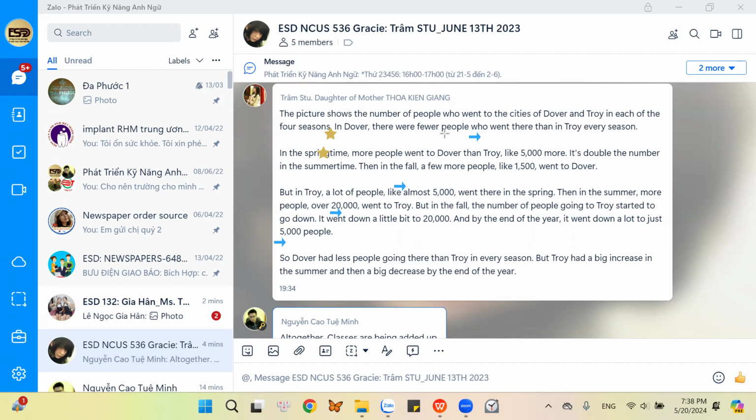All right, so let's look at John Grace's work. You have written this paragraph really well, but there is only one small mistake. That is, first, the, right? Second, we never ever use but at the beginning of the sentence.